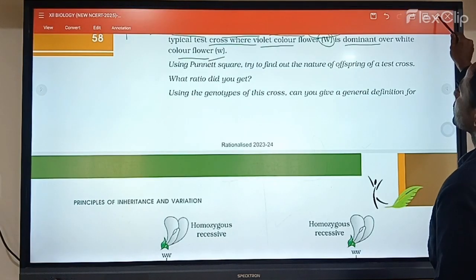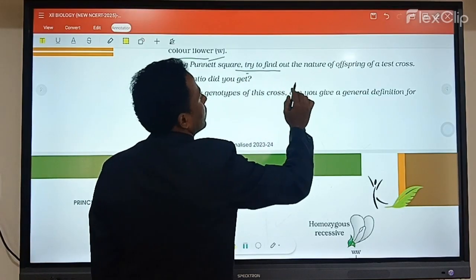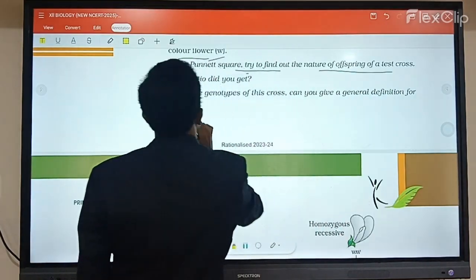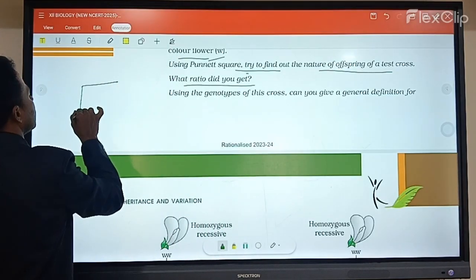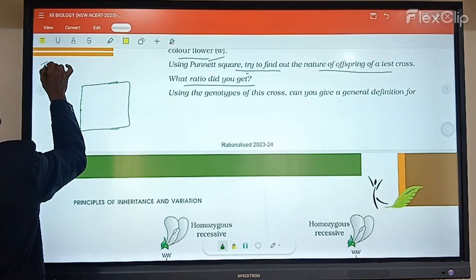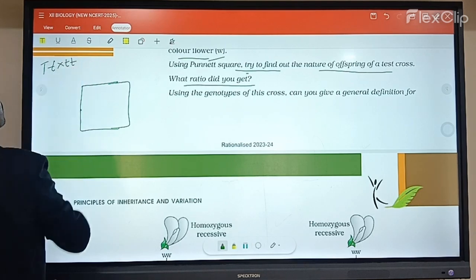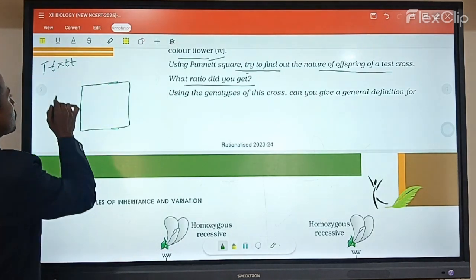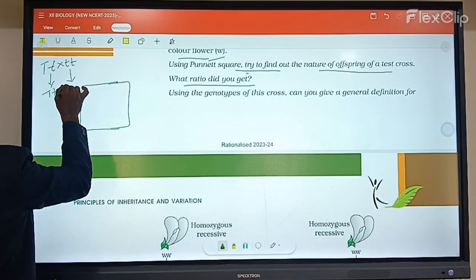Let us use the Punnett square to find the nature of the offspring of the test cross. What is the ratio you get? You cross the heterozygous parent, capital T small t, with the completely recessive parent, small t small t. Here we take capital T and small t, and here small t.